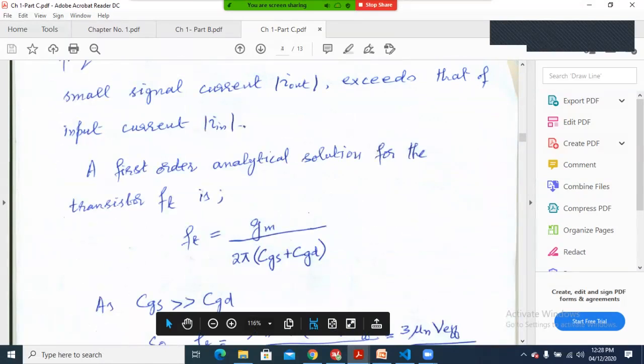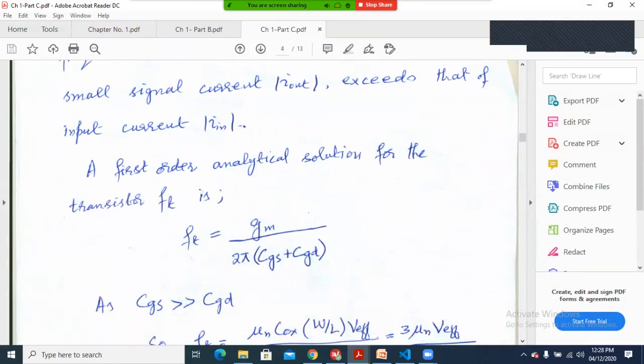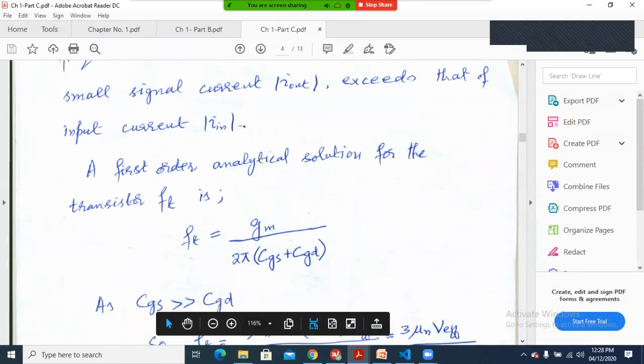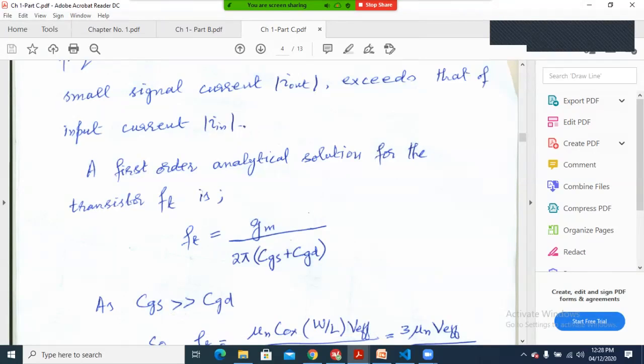This is like the relation 1 by 2 pi RC. So that is the unity frequency gain, and CGS is much greater than CGD.